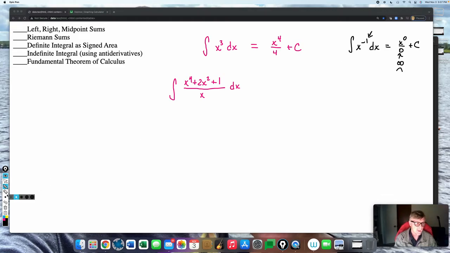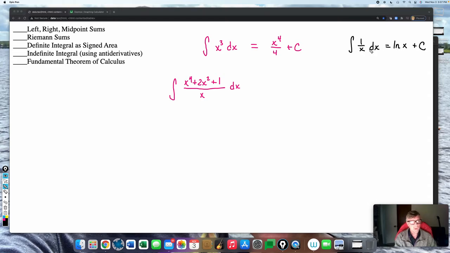There is a special case here when your exponent is negative 1, or in fact, if you just want to write this as 1 over x, the antiderivative we now know is the natural log of x plus c. And the reason for this is because the derivative of the natural log is 1 over x.